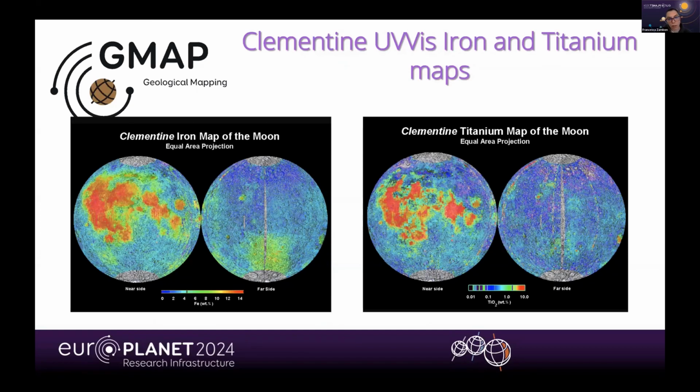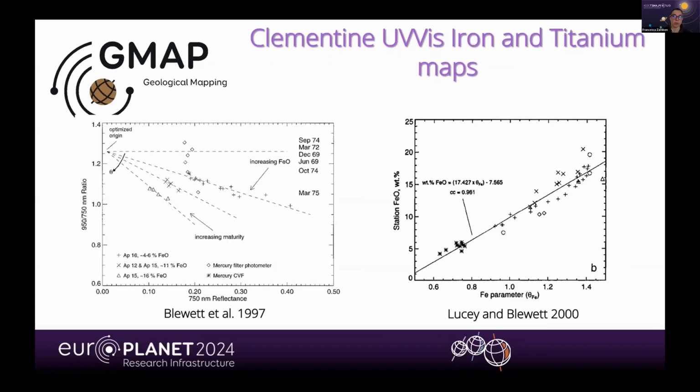To do this, some authors use a more complicated way to define this kind of map, and they use both the Apollo samples from the moon and the data from Clementine.